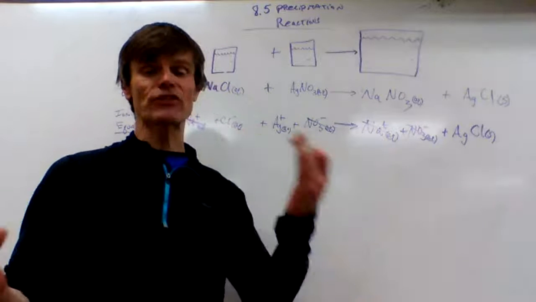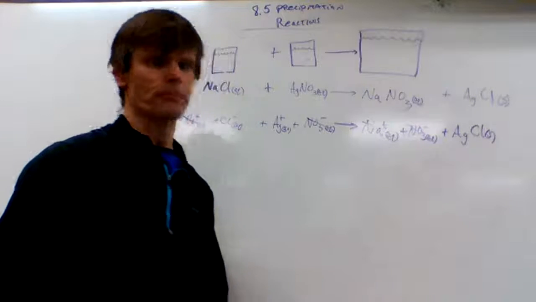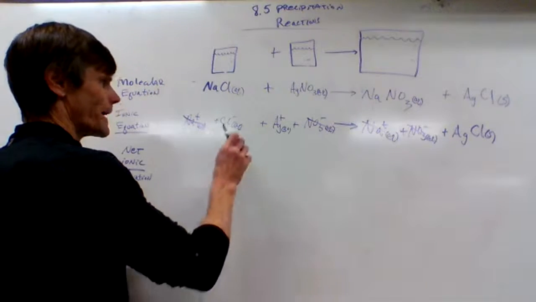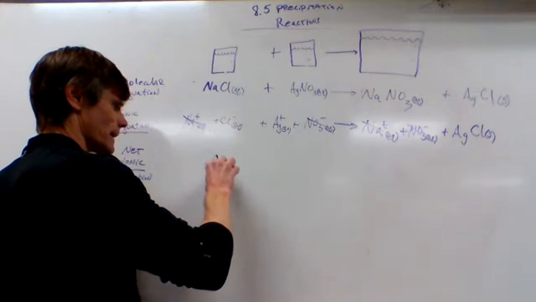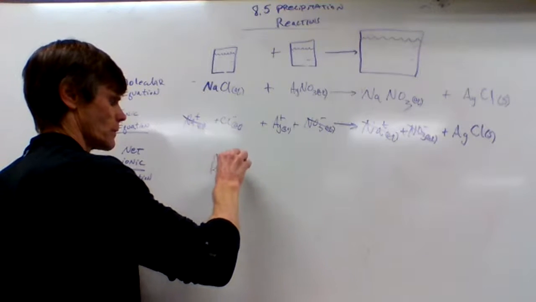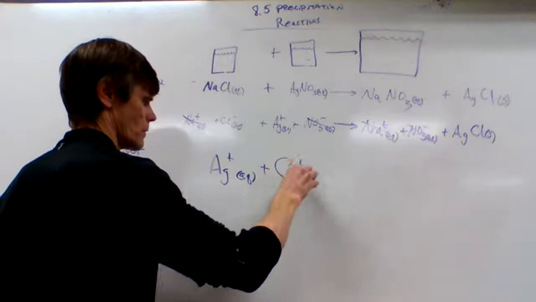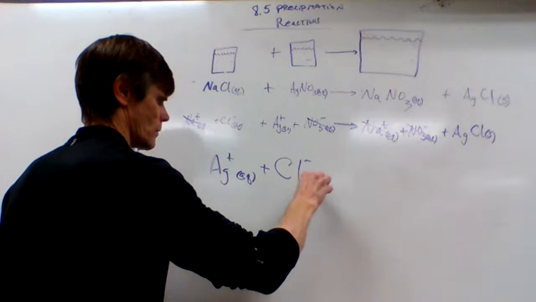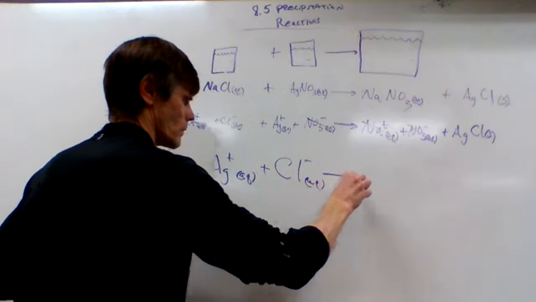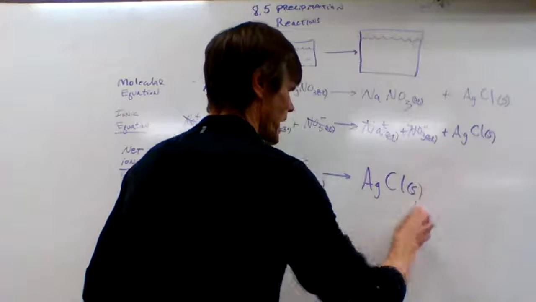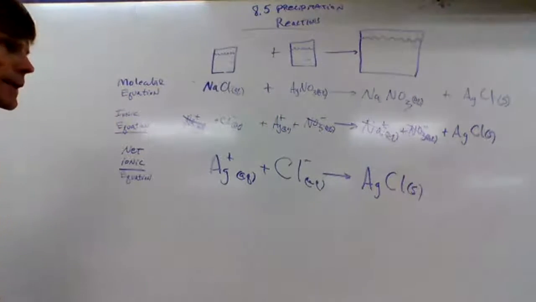They simply stay as ions in solution. Let's write the net ionic equation. Now, by convention, we usually write the cation first. And that would be our net ionic equation.